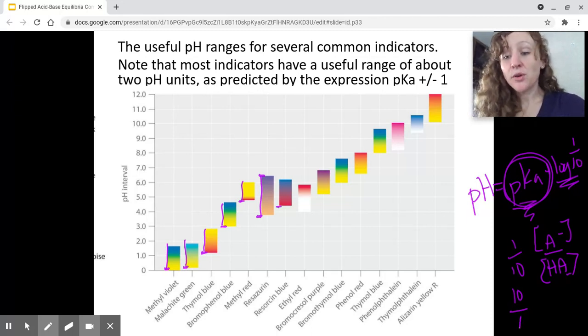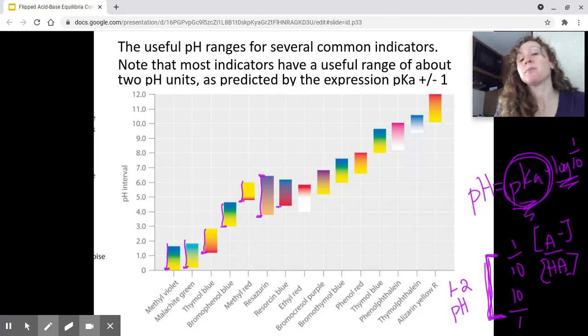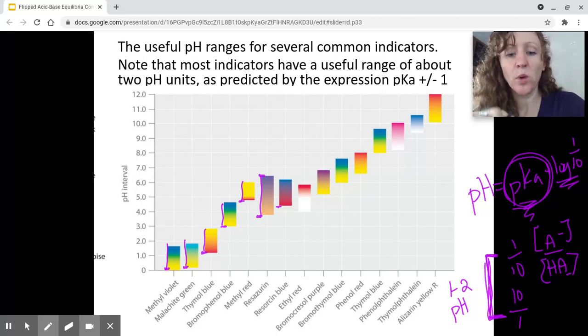And for most of these, from the start of the color change to the end of the color change, it covers a pH range of about 1 to 2.